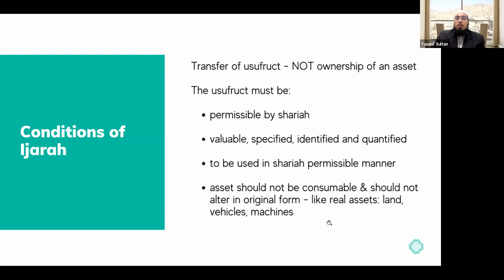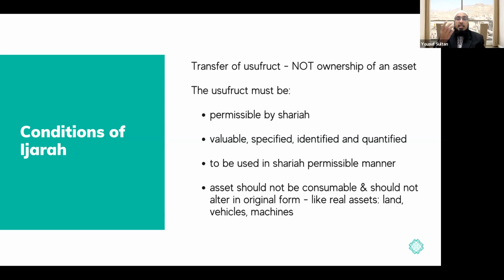Then the asset should not be consumable or perishable. For example, it cannot be, okay, bread. I'm renting out bread. Cannot, because in a rent contract, in an Ijara contract, the underlying asset, which is the source of usufruct, needs to be in its original form, and it shouldn't be altered because of the usage.